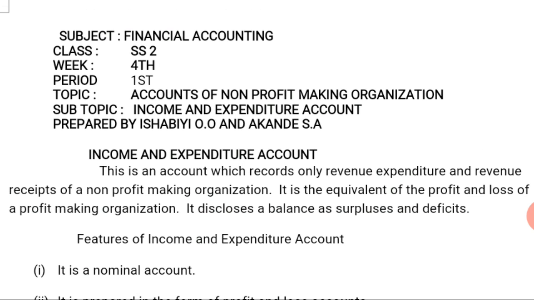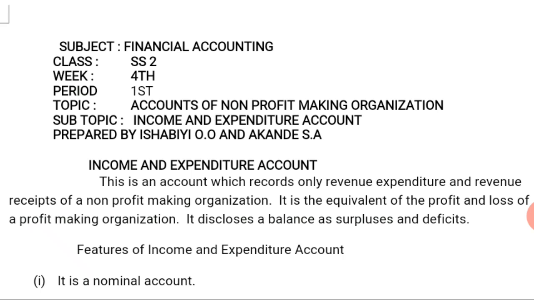And we said that the major books to be prepared are the receipt and payment account, which is the equivalent of the cash book of a profit making organization, and the income and expenditure account, which is also the equivalent of the profit or loss account of a profit making organization.